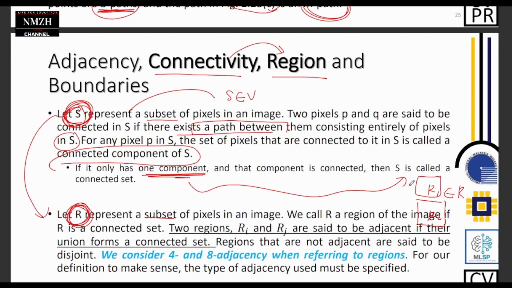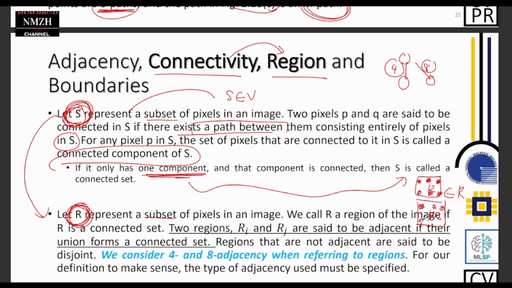If we are talking about regions, before this we talked about pixel adjacency, remember? This one is 4-adjacency, this one is 8-adjacency. In the region context, in this region example, we have 6 pixels over here.